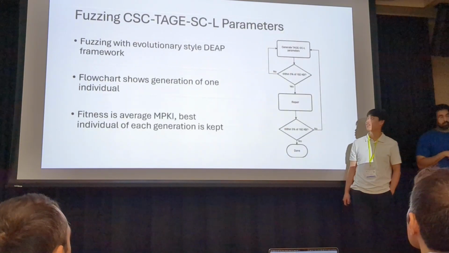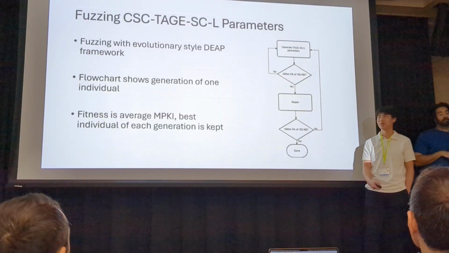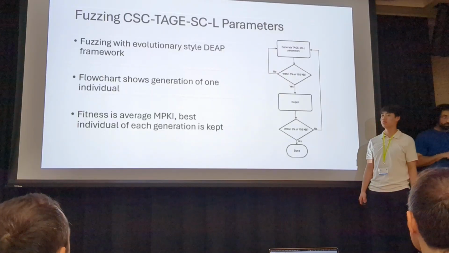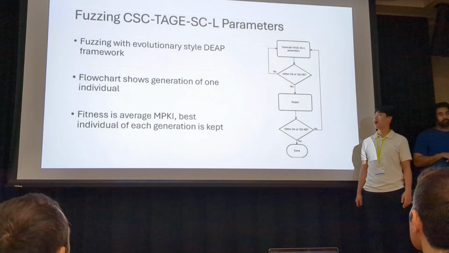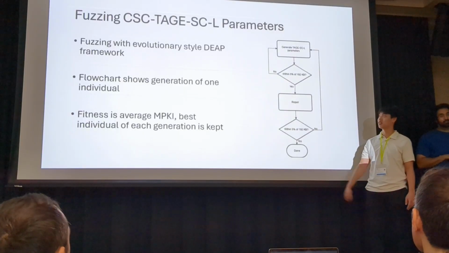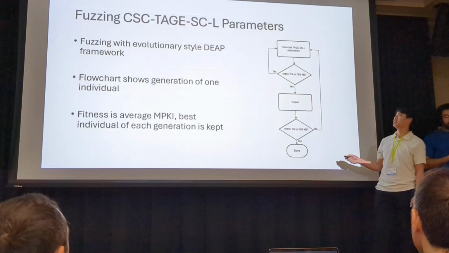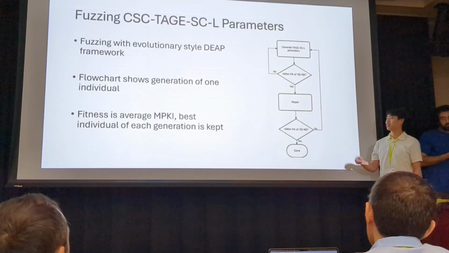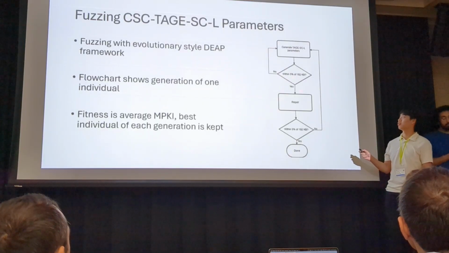Next I'm going to talk about fuzzing the CSC, TAGE, and SC-L parameters, which we know is an important area of work. We fuzzed with an evolutionary style DEAP framework, which really means we just randomly generated some parameters with some heuristics as well. This flowchart shows the generation of one individual, and we did it with the idea in mind that bigger predictors are usually better, so we fuzzed configurations within 5% of 192 kb.